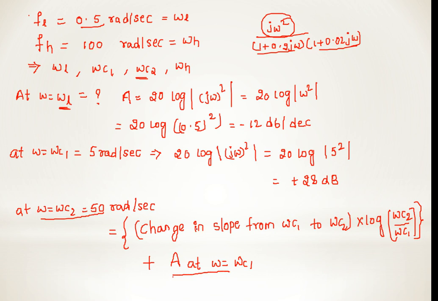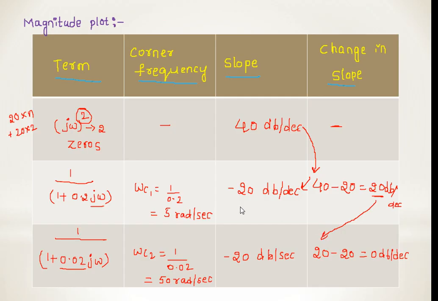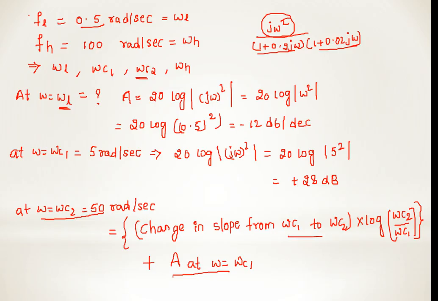So once again go back to the table. What is the change in slope from omega C1 to omega C2? When the frequency is changing from omega C1 to omega C2, the change in slope is 20 decibels per decade. So I have to write the 20 decibels per decade here, that will be multiplied with log.